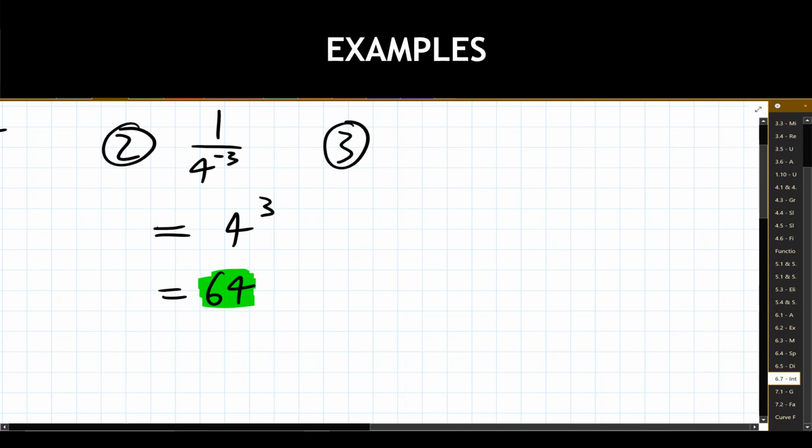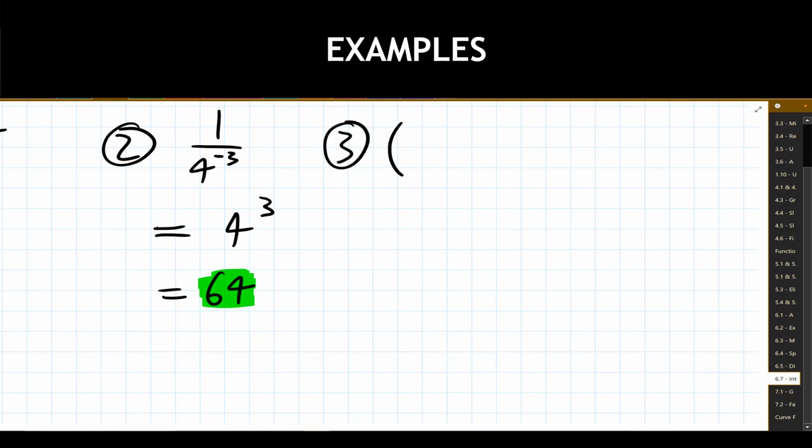Let's take a look at number 3. So here, we now have a negative base being raised to a negative power. You might be thinking, okay, well, I've got a negative and a negative, that makes a positive, right?